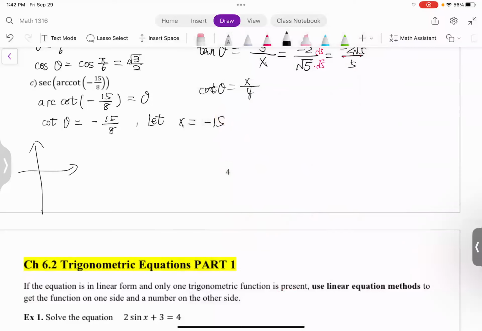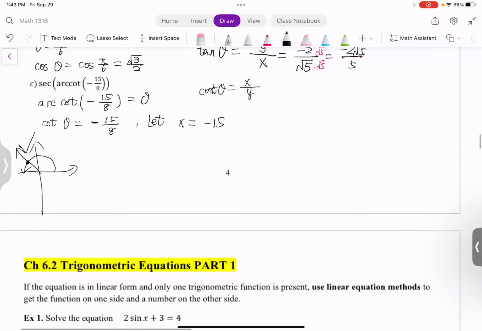For the cotangent, the inverse function can have angles in two quadrants. If I have a negative value, I cannot have the angle in the first quadrant. I must have the second quadrant. For the second quadrant, x is negative and y is positive. That's the reason x is negative 15.